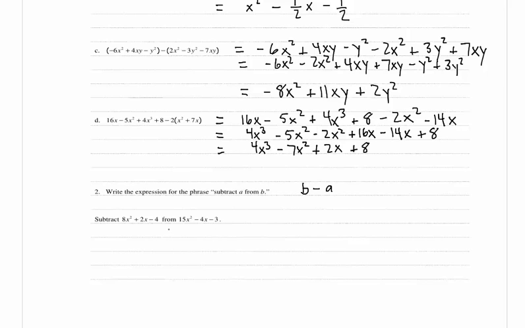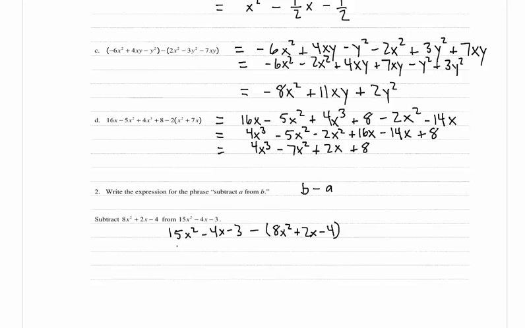So I'm going to write that as 15x squared minus 4x minus 3 minus 8x squared plus 2x minus 4. You have to remember when you're writing out the subtraction, it's important to have the parentheses because this negative sign is going to get distributed to each term in the parentheses.